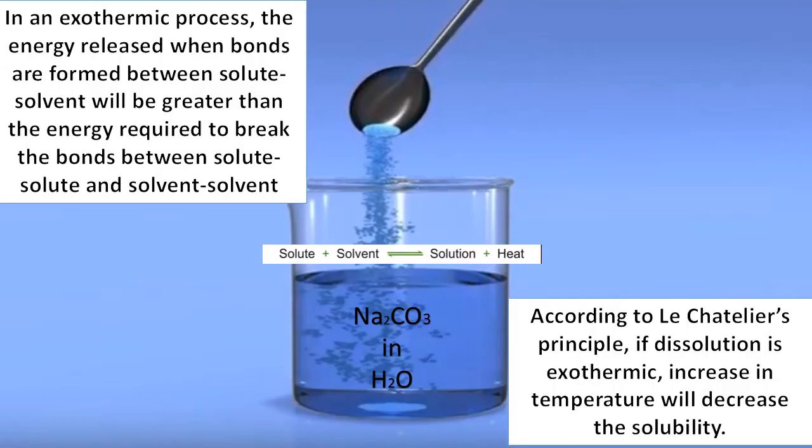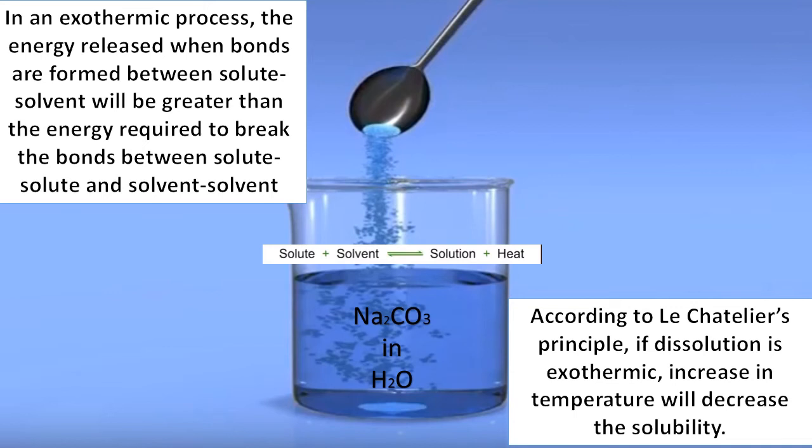If you take an exothermic reaction, the energy released when new bonds are formed between solute and solvent will be greater than the energy required to break the existing bonds.